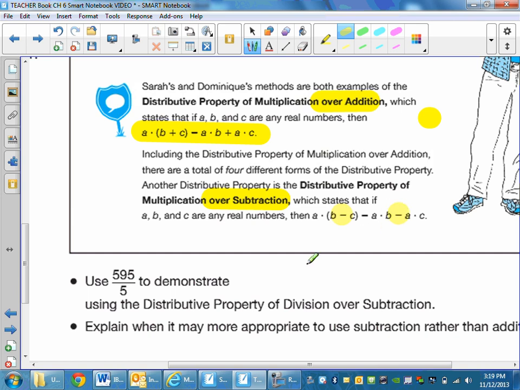So if A, B, and C are any real numbers, then A times the difference of B minus C equals, and I think I said minus up here, I meant equals. The equal sign is just small. Sorry about that, guys. Equals A times B minus A times C. So you distribute the A to the B and the A to the C. Alright, so that's our new property that we want to know, both over addition and over subtraction.